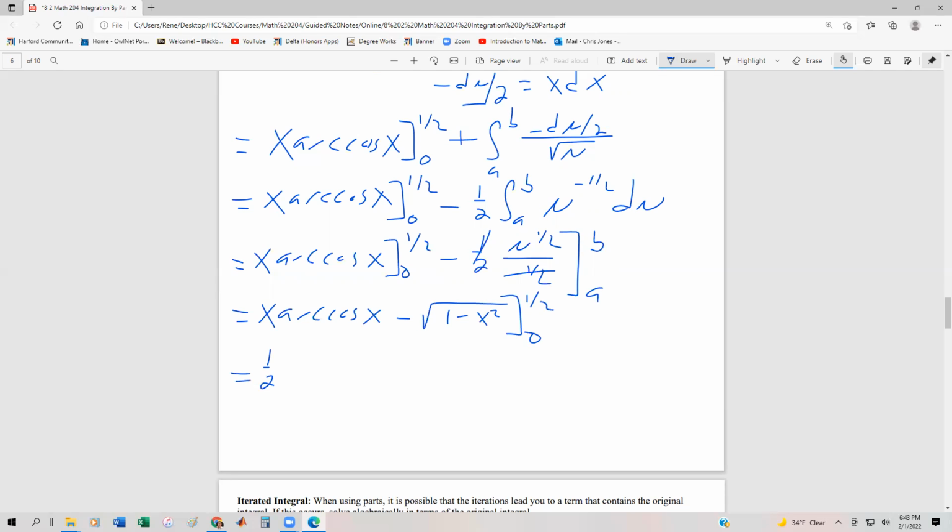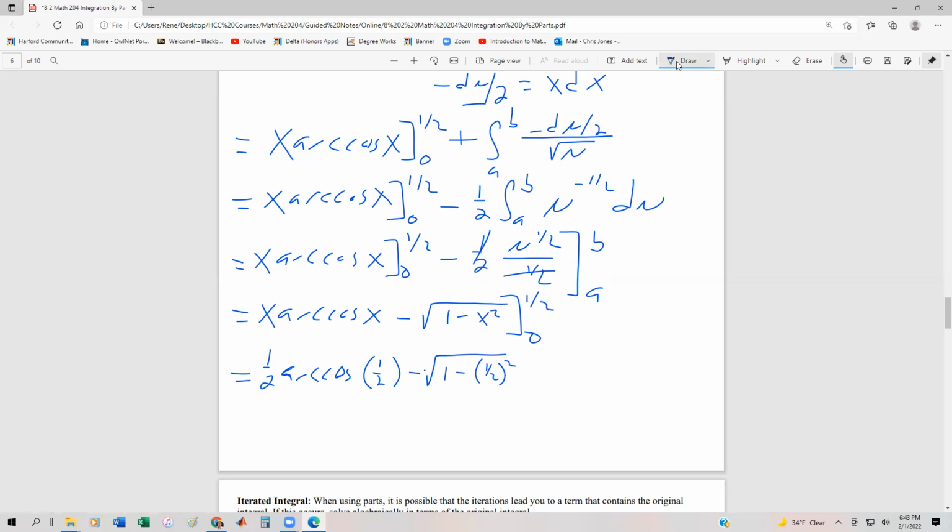So this is going to be 1/2 arc cos of 1/2. And that's going to be a little bit of a challenge to evaluate if we're not good with our inverse trig values, but we'll try to remember how to do that. That should say arc cos minus the square root of 1 minus 1/2 squared.